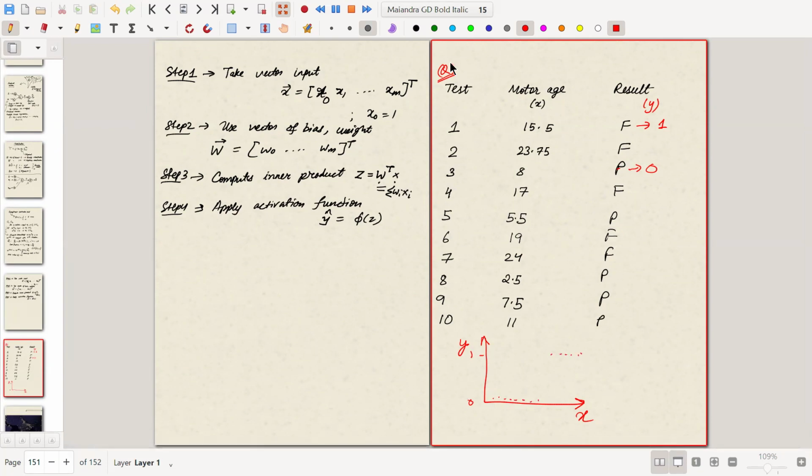Then can you tell me what's the decision boundary here? The decision boundary here will be a point, because you only have one set of data. So that point will be somewhere here. This is your decision point.